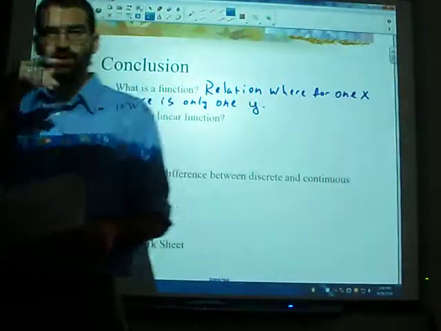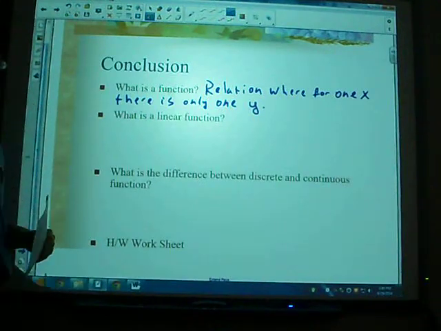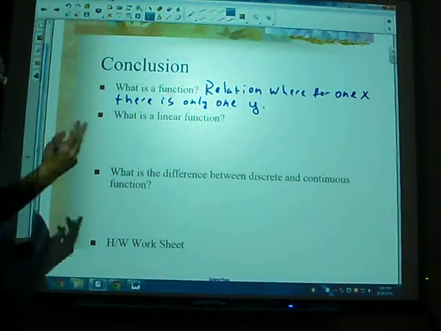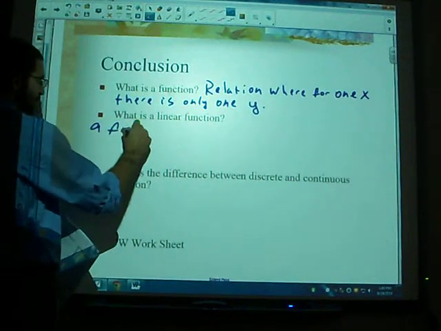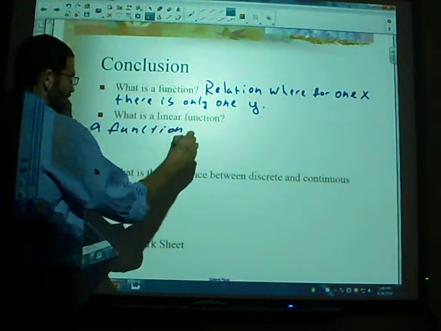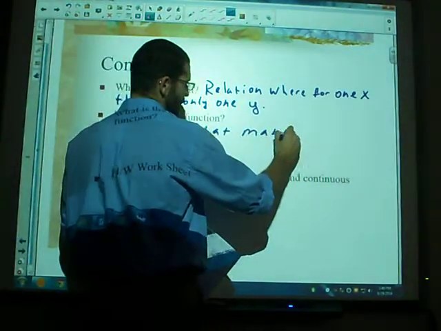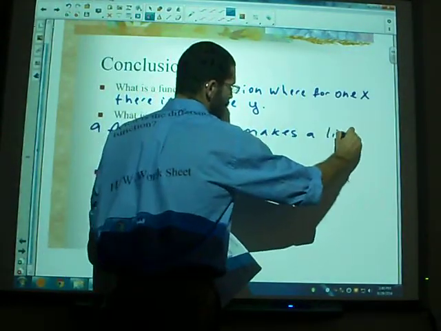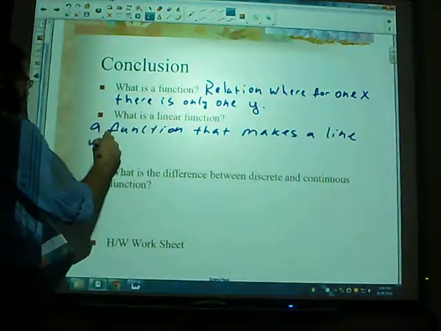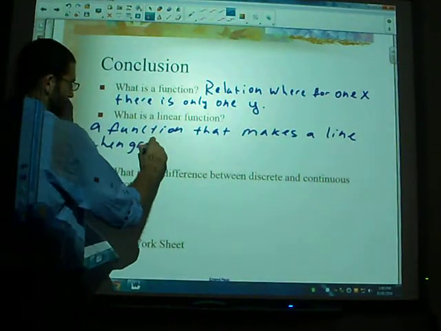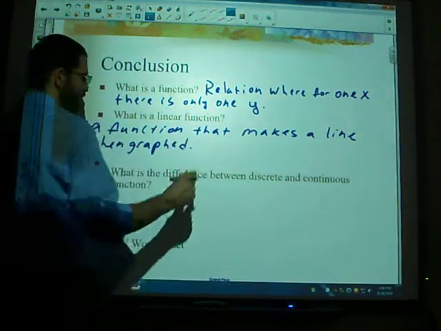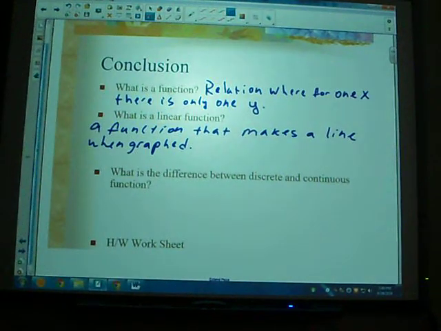It's a function that makes a line on a graph. And we're actually going to talk more about linear functions in the future.